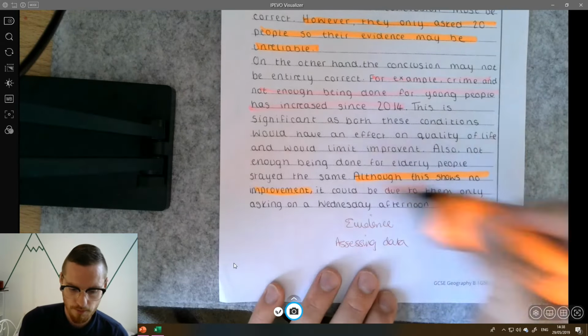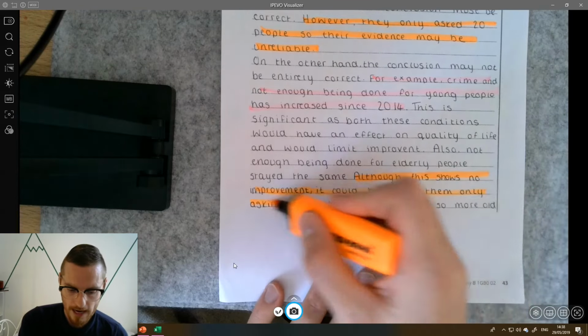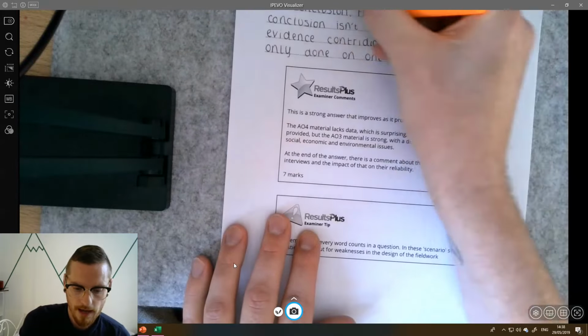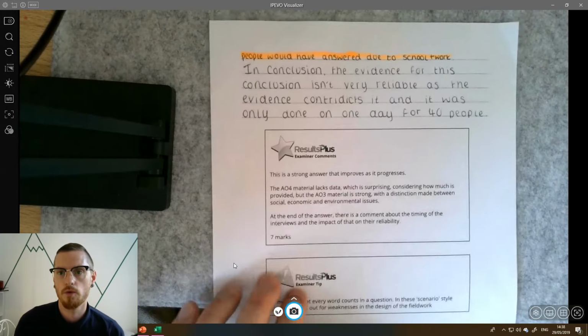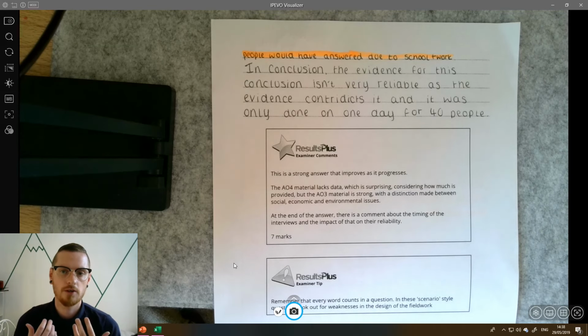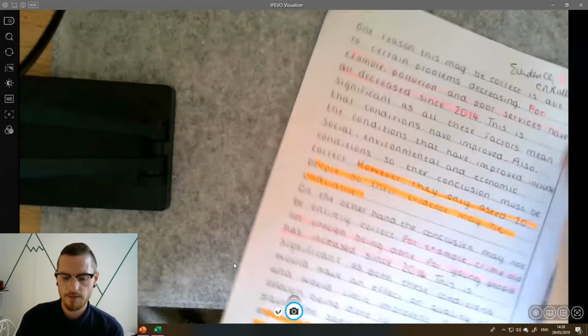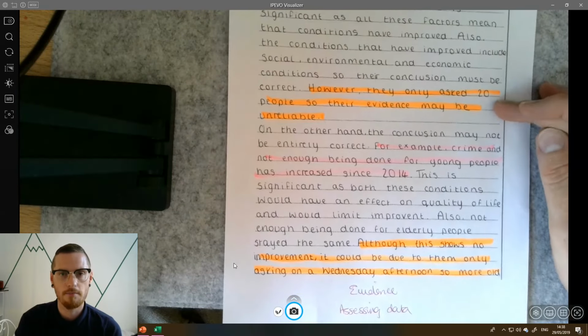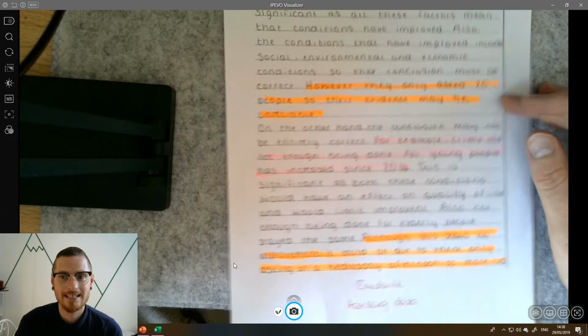Although this shows no improvement, it could be due to them only asking on a Wednesday afternoon, so more old people would have answered due to school and work. There we go. They're thinking critically, asking questions about the conclusions. This could be a question about conclusions or evaluations, data, or the methods of collecting data, but they're using evidence from the resources, and then they're thinking critically about that data.